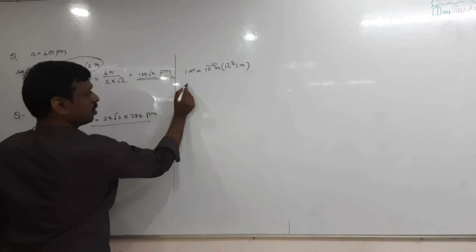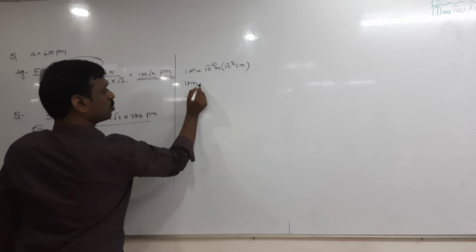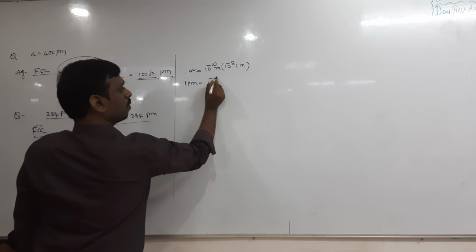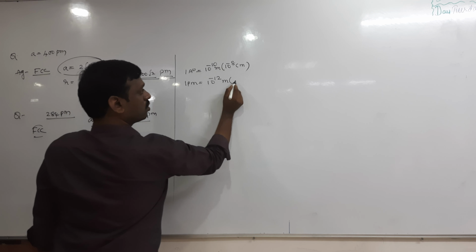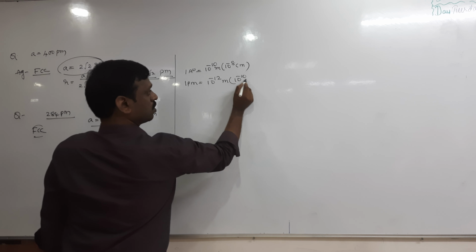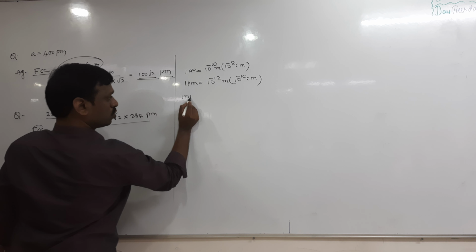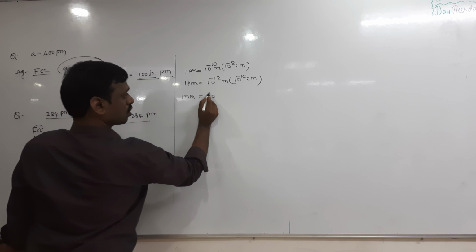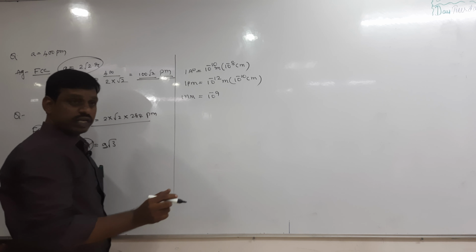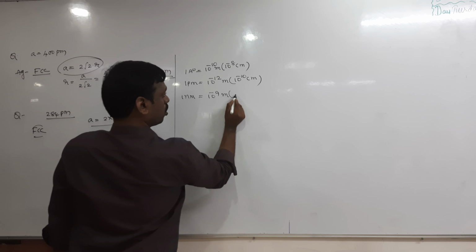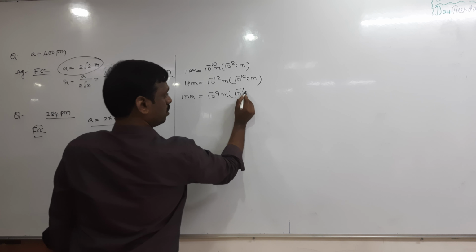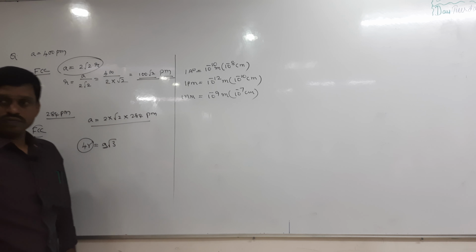Take down: 1 picometer equal to 10 power minus 12 meter or 10 power minus 10 centimeter. 1 nanometer also equal to 10 power minus 9 meters or 10 power minus 7 centimeters.